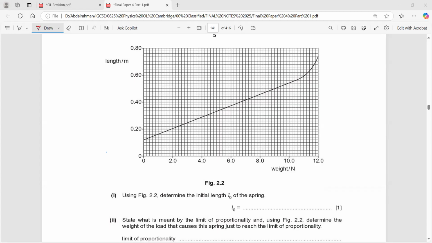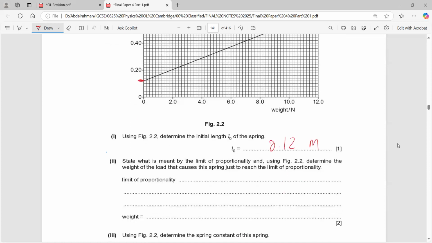He wants you to find the original length. Can I find the original length? Yes, you can find the original length using the graph from the y-axis. From this point, this would be the original length. It's 0.12, and do not forget the unit: 0.12 meters.